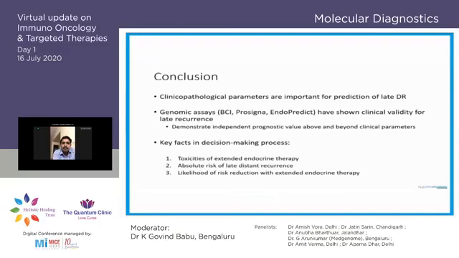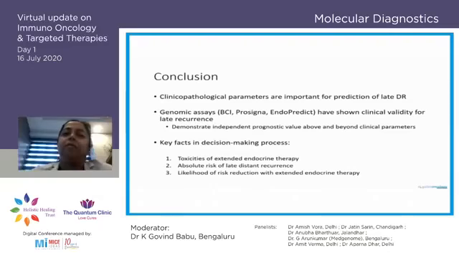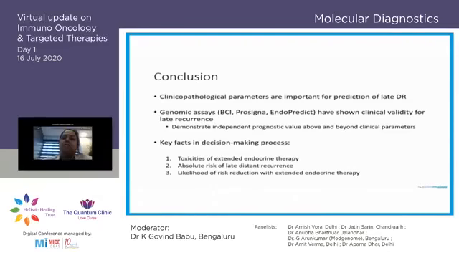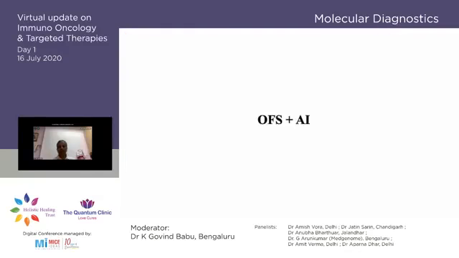But the key factors in decision making are looking at the toxicities for extended endocrine therapy and the absolute reduction with extended endocrine therapy. So these are the things that most of them would answer. So back to our patient now. She got ovarian function suppression plus an AI. Would all of you agree with this?